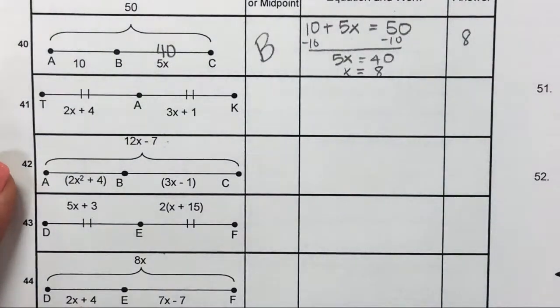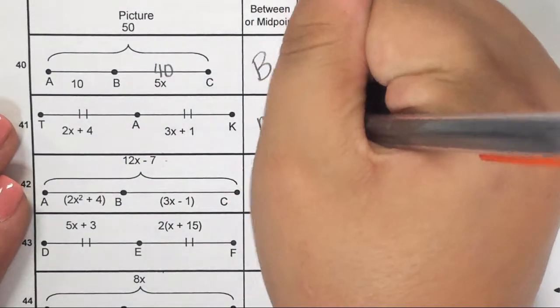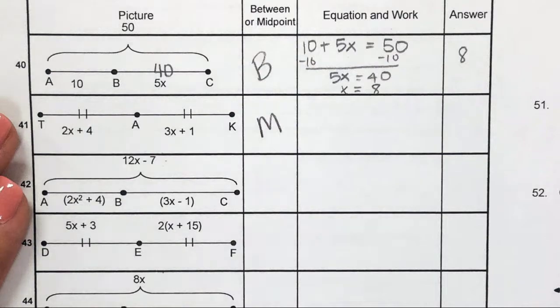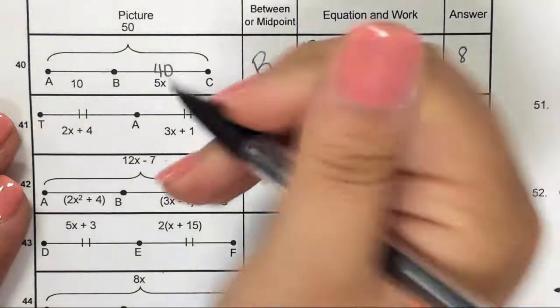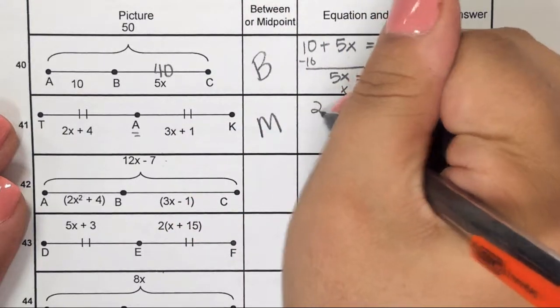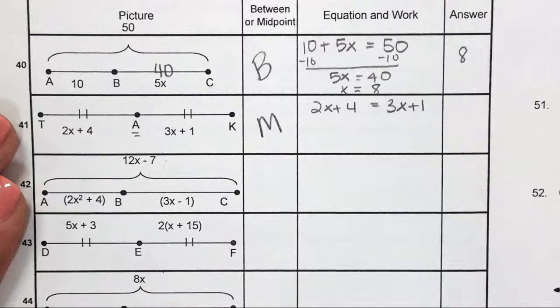Alright, my next one. What kind of problem is this? Midpoint. How do we know that? Okay, so what can I say about these two sides? They're equal. So then that tells me that 2x plus 4 is going to equal 3x plus 1. Does that make sense? Okay.